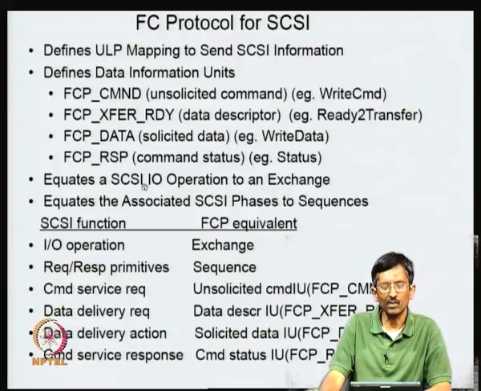Other aspects of it is that this is per protocol event. You can essentially take a SCSI IO operation to be an exchange and each associated SCSI phase to be a sequence. So this again in a tabular form I have listed. IO operation is basically exchange, that means it's bidirectional.